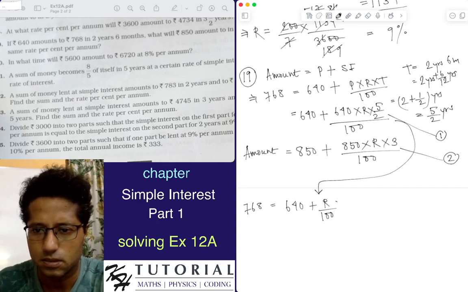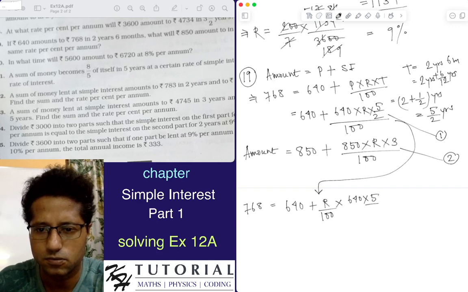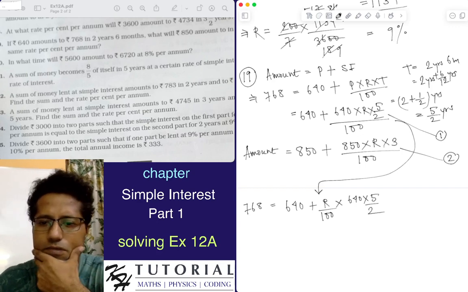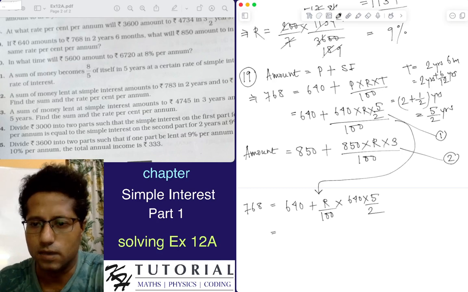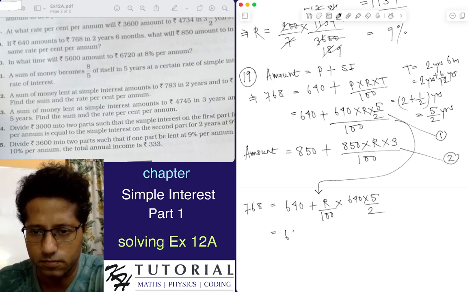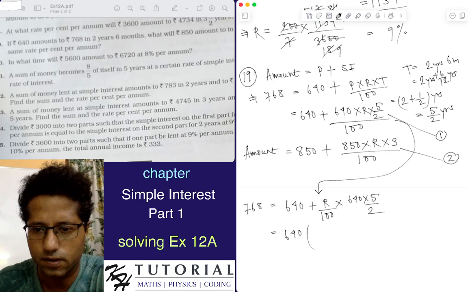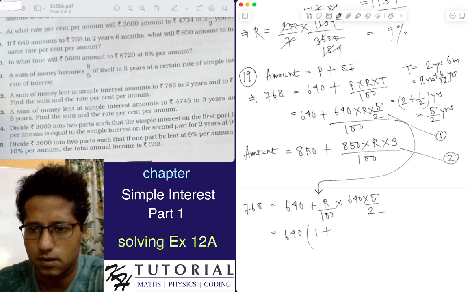So we have 768 equals 640 plus 640 multiplied by 5 by 2 into R by 100.